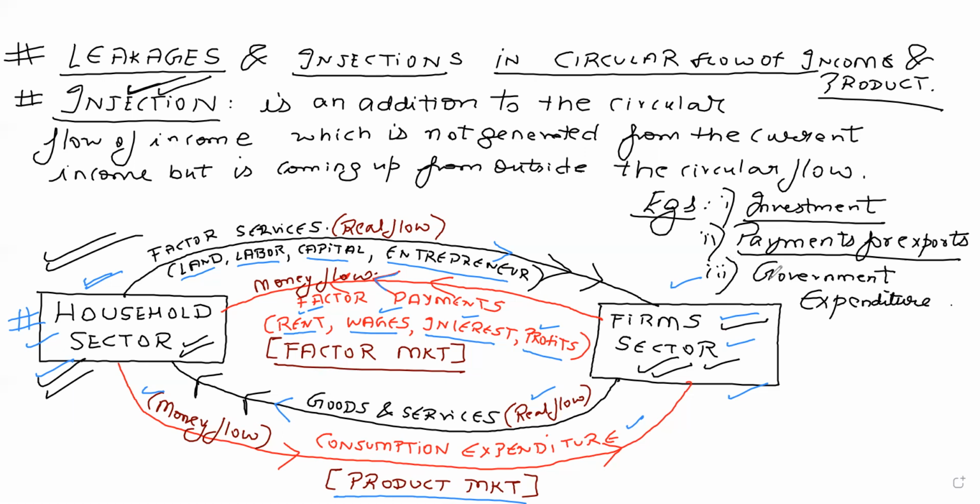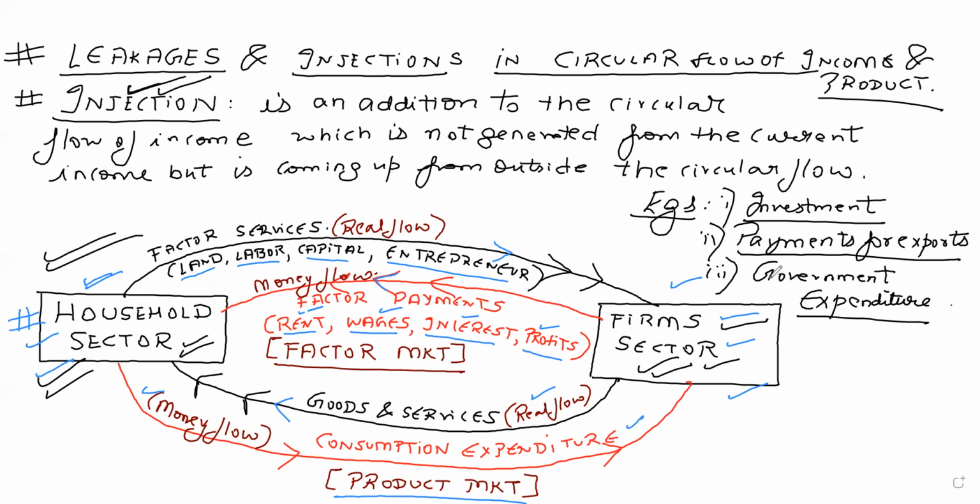The government will build roads, bridges, buildings with the taxes we pay. The government will build more roads, more bridges, more hospitals, more parks. That means the government does more expenditure.